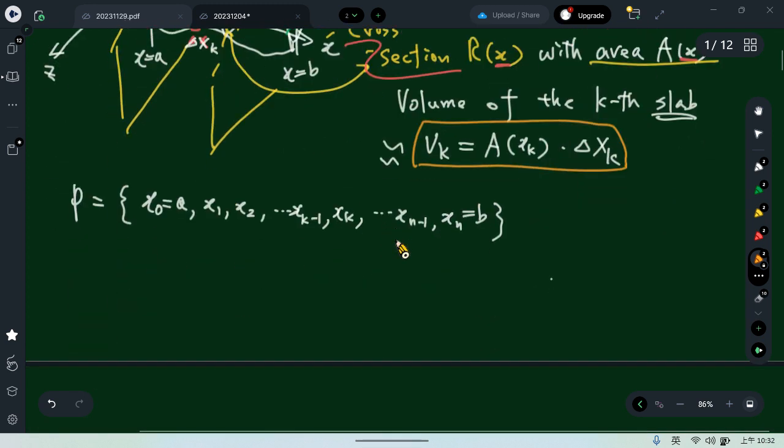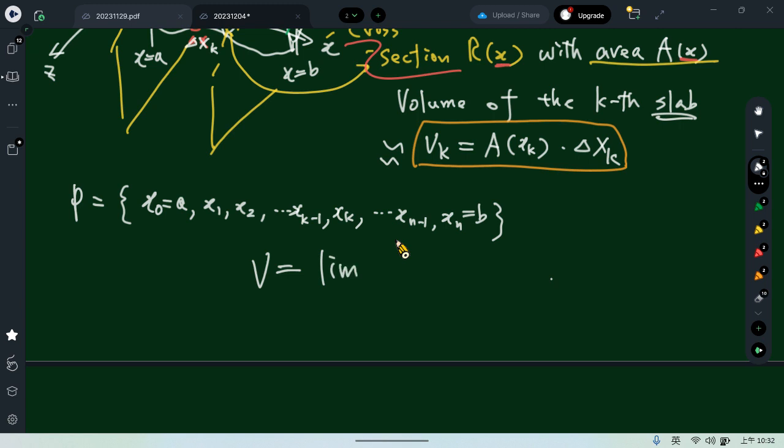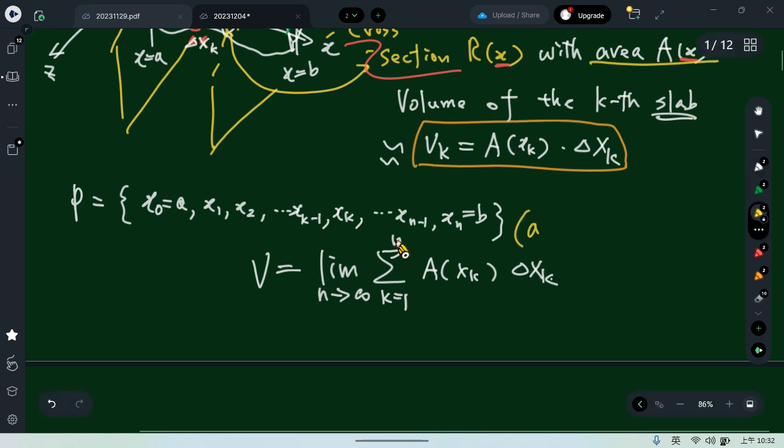Then finally, we can just sum them together. V is equal to the limit as n approaches infinity of the sigma, K from 1 to n, of A of SK times delta SK, right? As the norm of P approaches 0, or we say n approaches infinity.